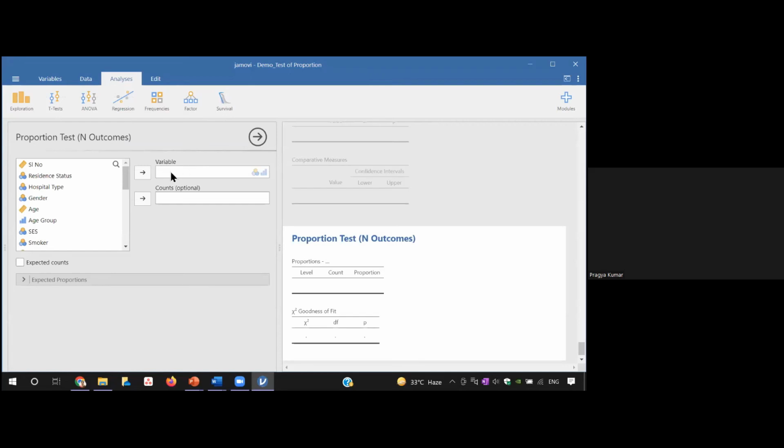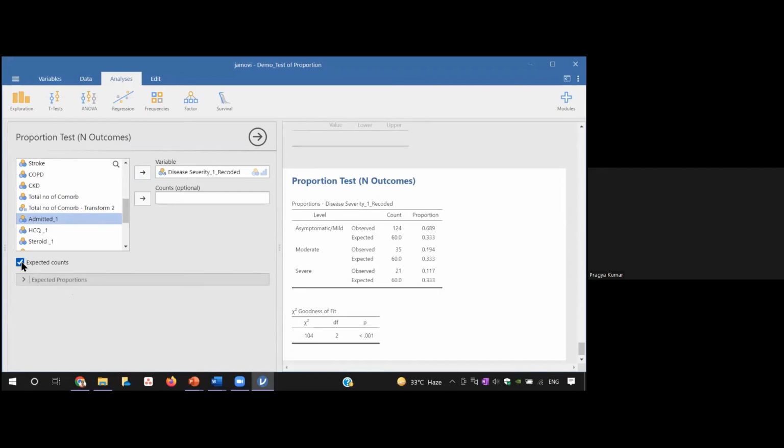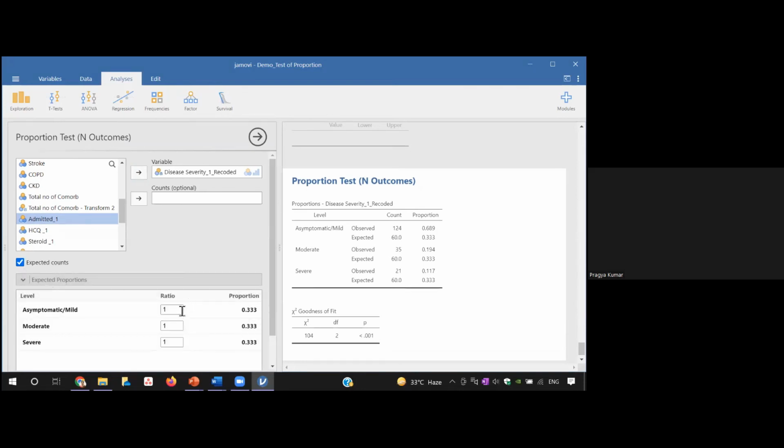We know that we are only testing a single variable, the outcome variable, that is severity. So this is the disease severity variable. I have shifted this variable. And now you can click on expected counts, because you know that expected count should be more than 5. And you can see the expected proportion. If you have not given any value, it will take it as an equal proportion, what we learned.